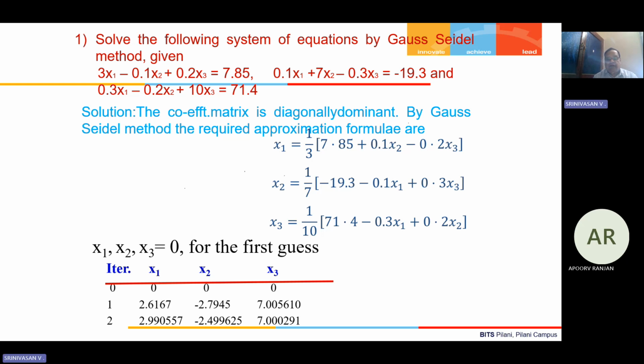And x3 is equal to 7. That's all. So this is the solution.